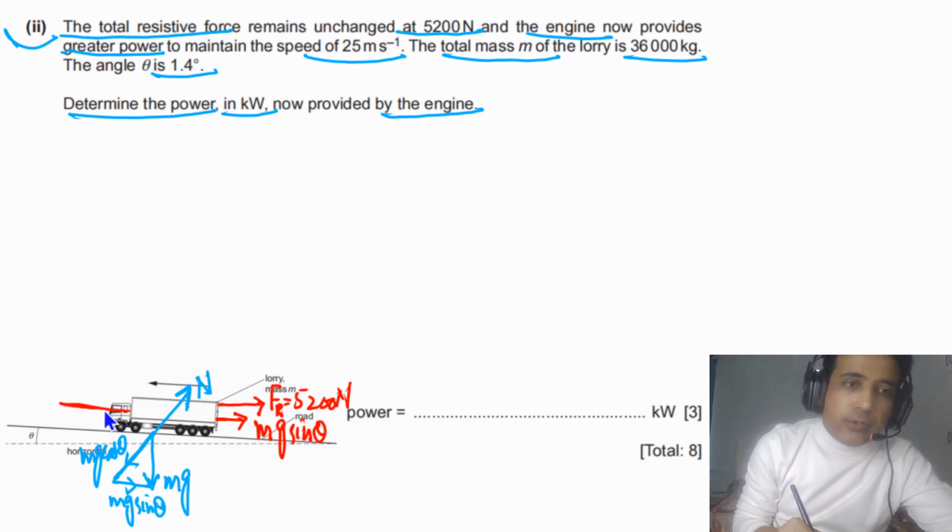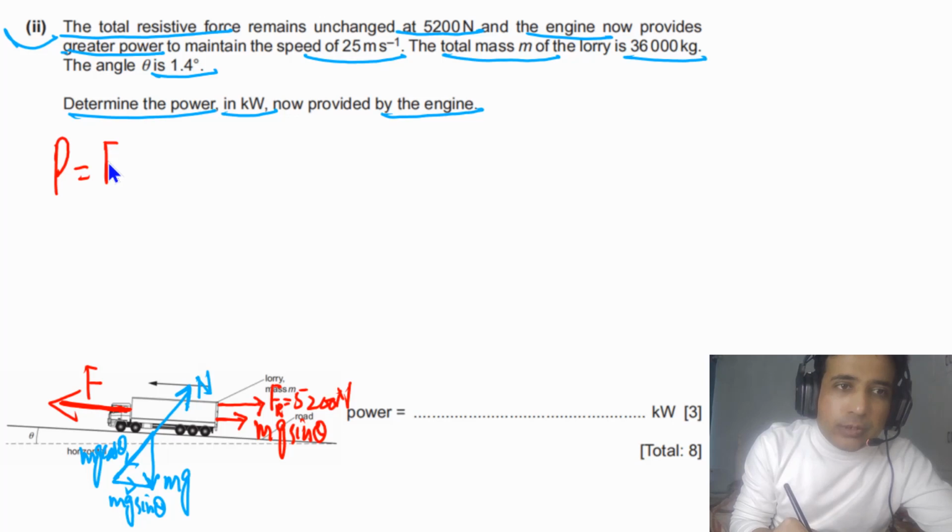In this case, we can also draw the thrust force provided by the engine. Let's say that is equal to capital F. Now the new power provided by the engine has to be equal to capital F times v.